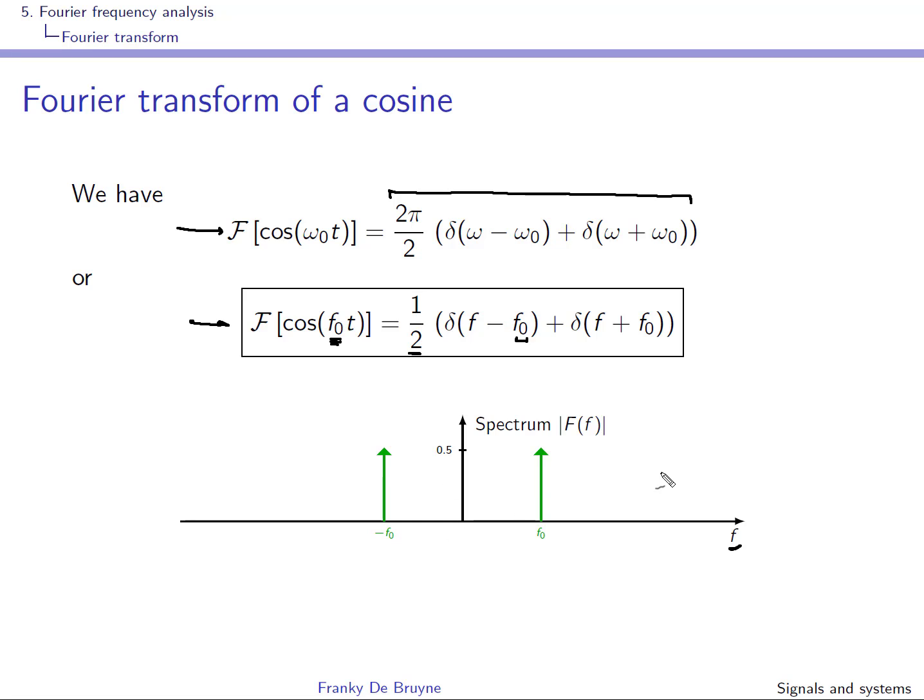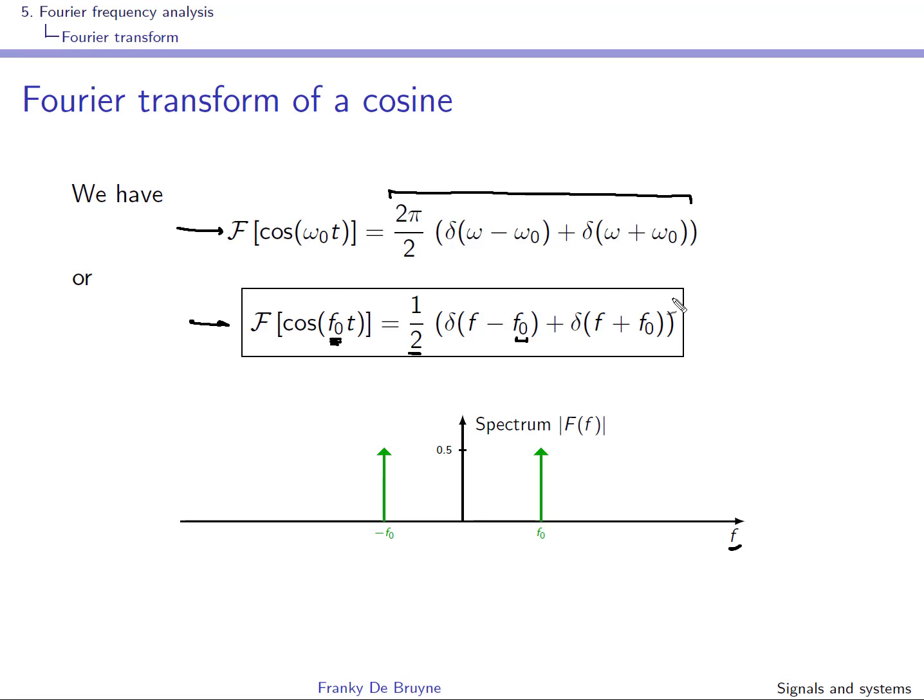Here everything is real, so we just show the amplitude spectrum. I could show the phase spectrum, but of course there everything would be equal to 0, even at the frequencies f0 and minus f0. This should not come as a surprise.